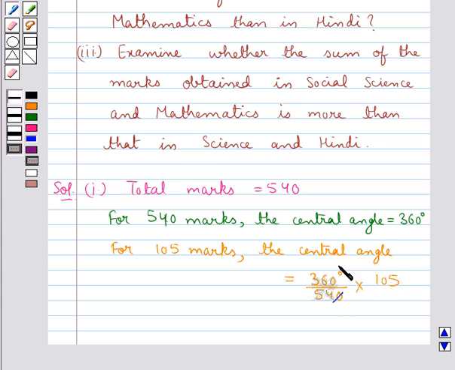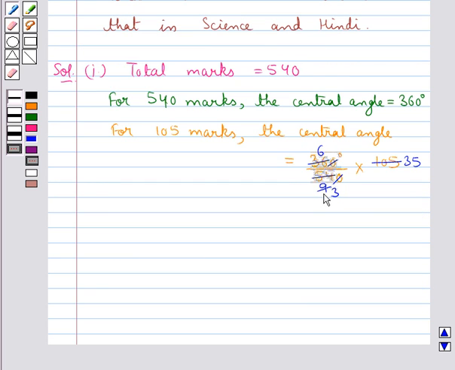This 0 gets cancelled with this 0. We know that 6 times 6 is 36 and 6 times 9 is 54. Then again 3 times 3 is 9 and 3 times 35 is 105. 2 times 3 is 6.